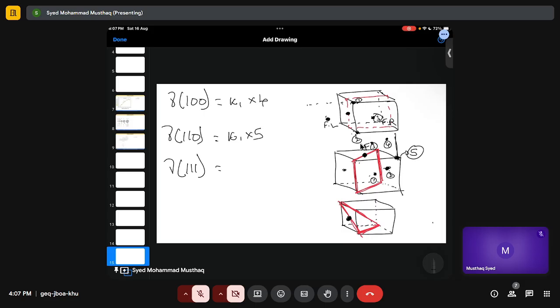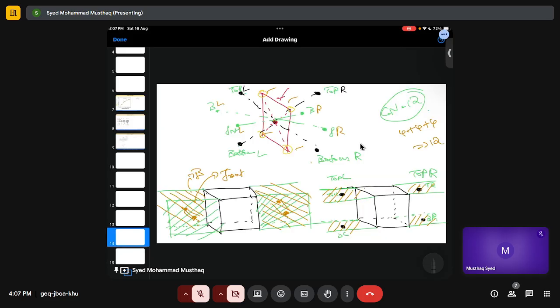So let's take this atom on the edge. This atom has lost the front surface and the top plane, the right front and the top one. So how many atoms should be covered?